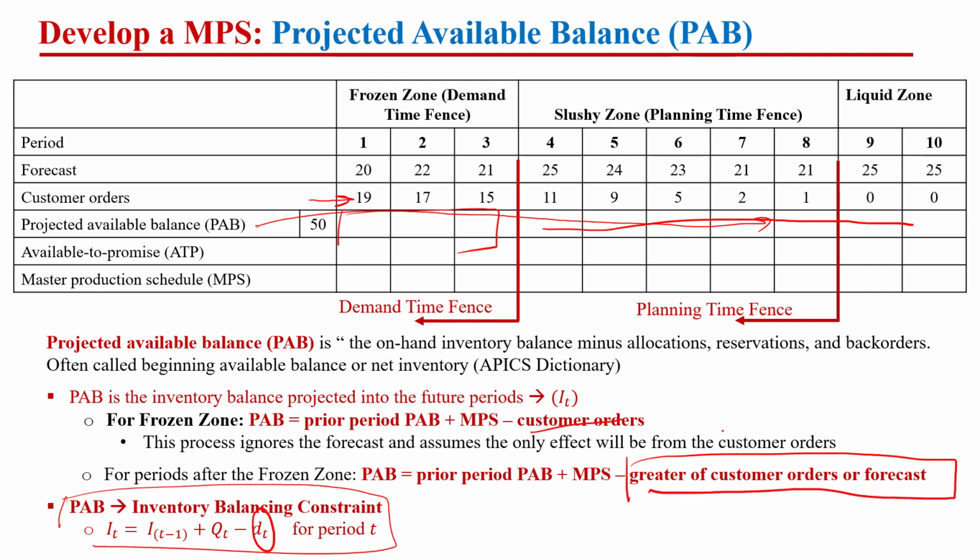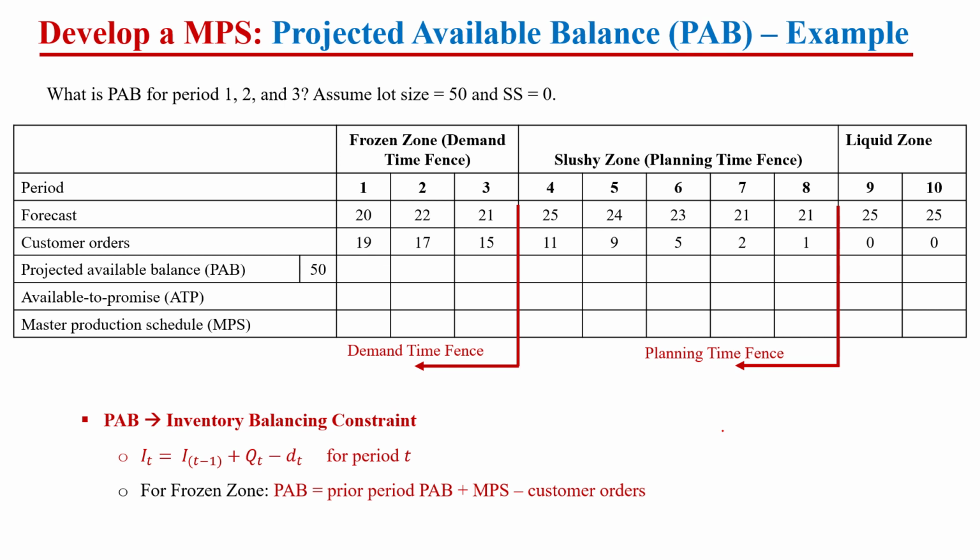Let's consider an example, and I'm going to calculate the projected available balance for the first three time periods, which means for the frozen zone, when the lot size is 50 and the safety stock we have is 0. Right now, we are going to calculate the projected available balance, again using the same equation, but here the demand for this time period is going to be only the confirmed orders.